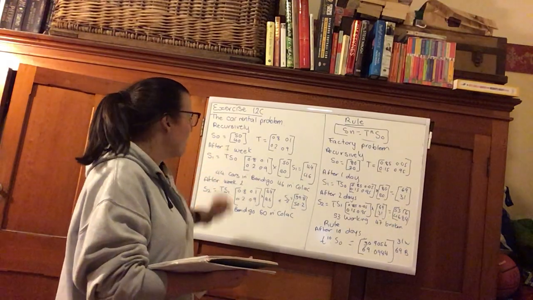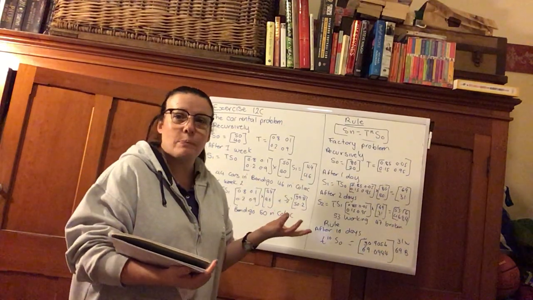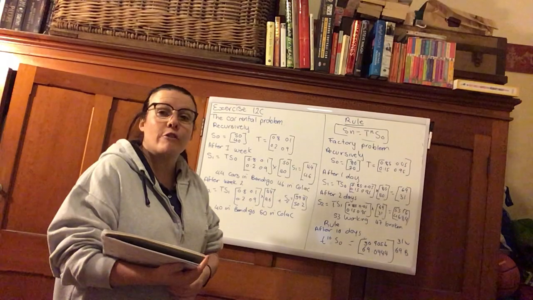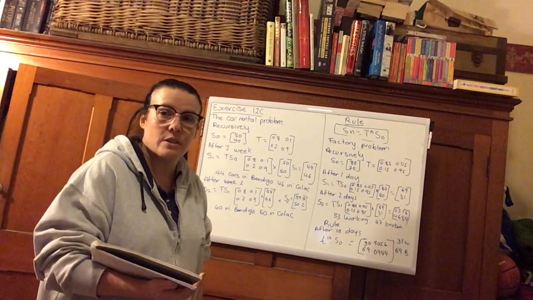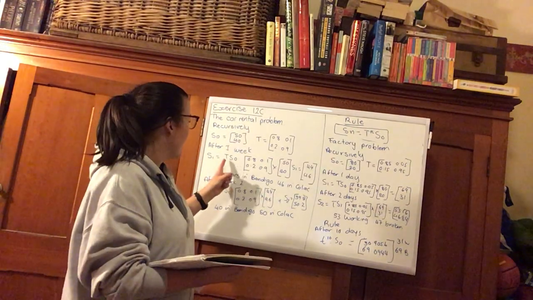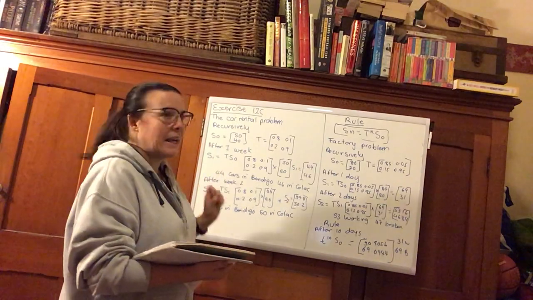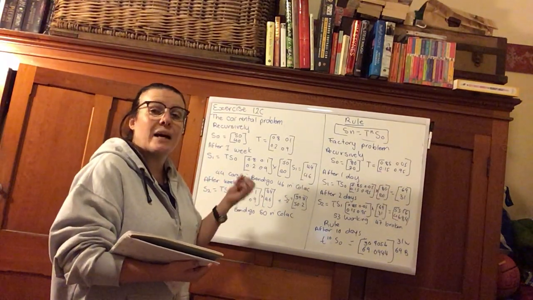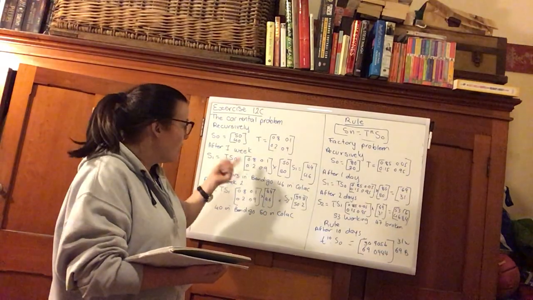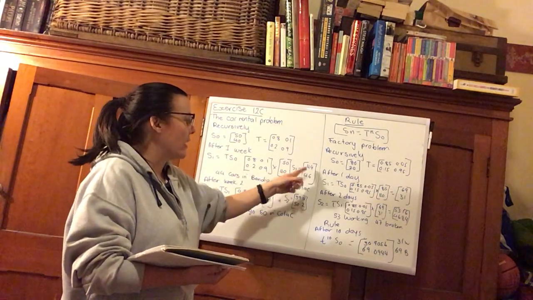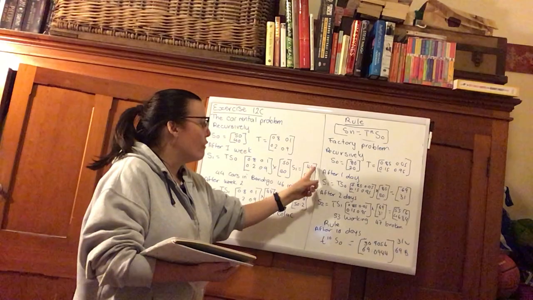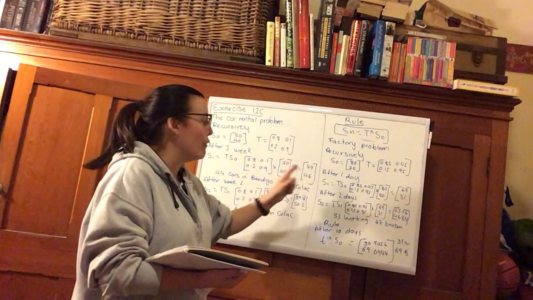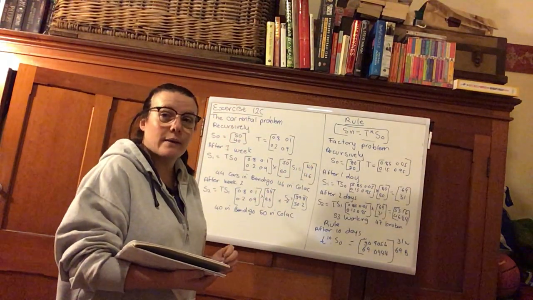Okay, so if I want to find out how many cars are going to be at each location at the end of the first week, and I'm doing this recursively, I say, okay, so S1 will equal my transition matrix multiplied by my initial state matrix. So I do that multiplication and I find the answer is 44 in Bendigo and 46 in Colac.